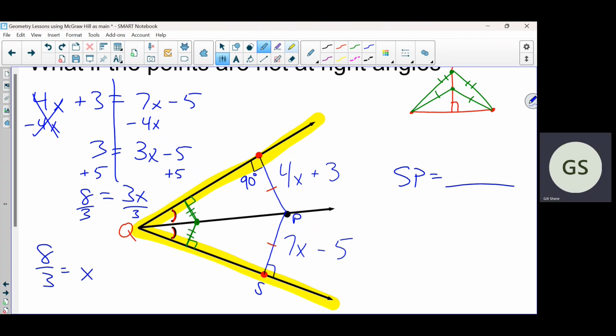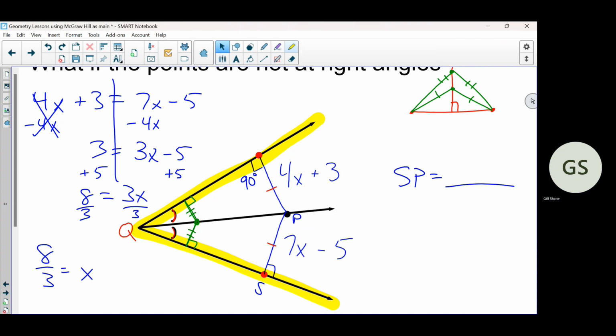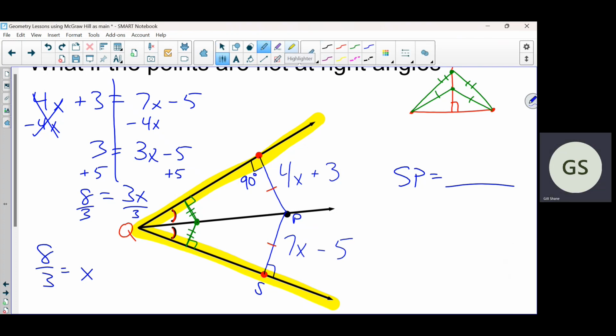And now I say, okay, well, if I need to solve and find the length of SP, I need to take this value here, 8/3. So I need to say, okay, well, the length of SP is represented by this. I don't know what that is yet, but I know that's the length. So I need to figure out what that is. Okay, well, I know what x is now.